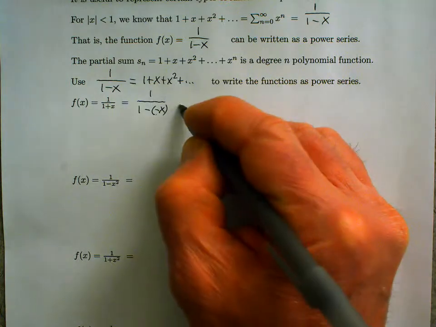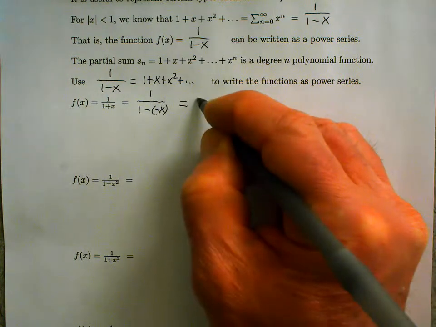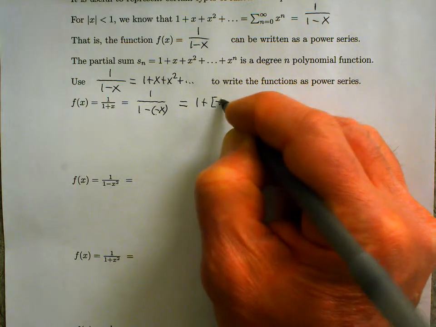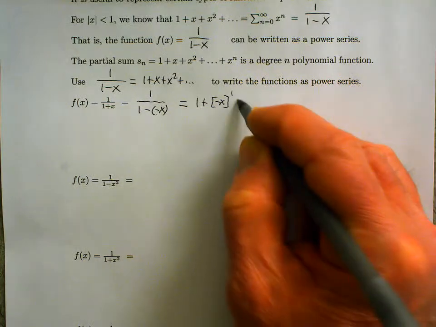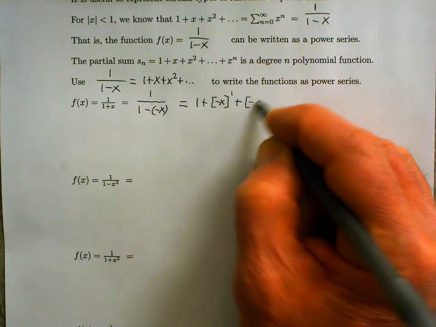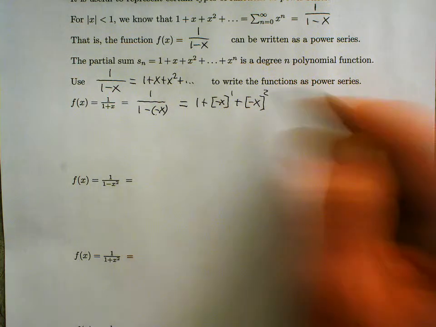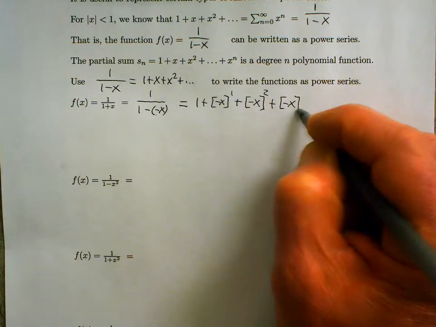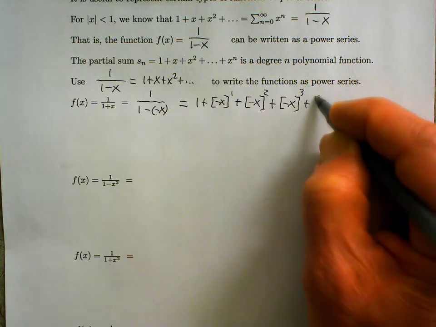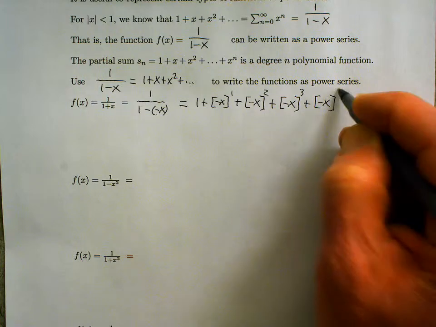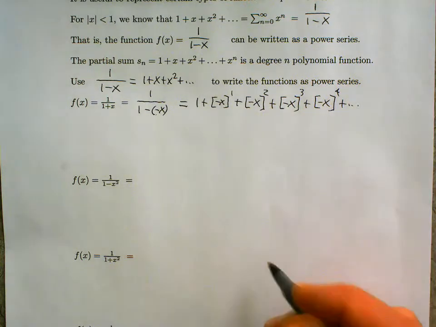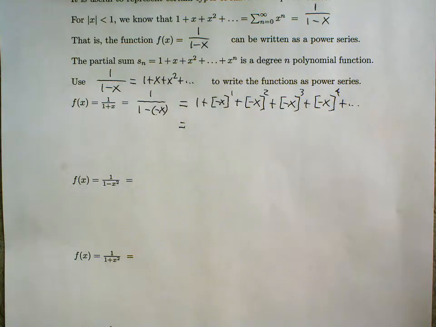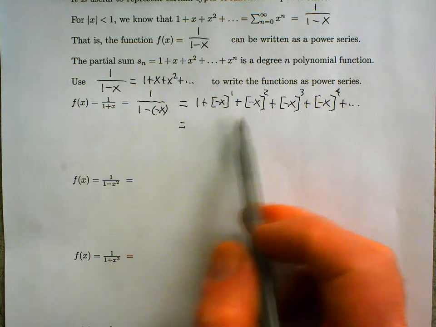So we write this as 1 plus negative x to the first plus negative x to the second plus negative x to the third plus negative x to the fourth, and so on. And then we can simplify a little bit.